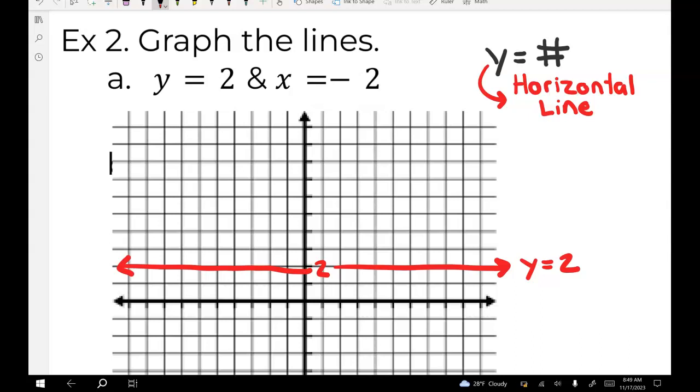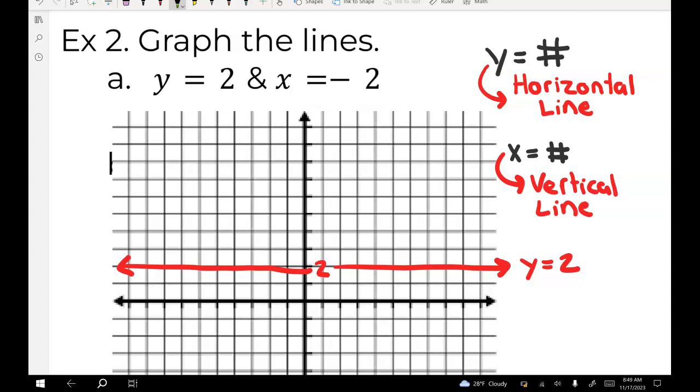So if we're doing an x value, and x equals a number, that's the opposite. X equal to a number is always a vertical line, so a line that goes up and down. So again, we find the number that x is telling us, negative 2, so that means you have to go 2 to the left, like on a number line.